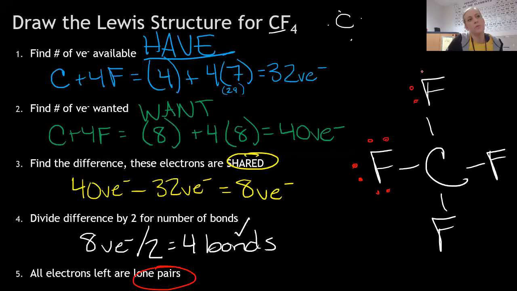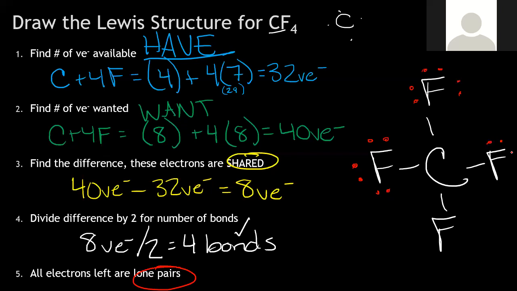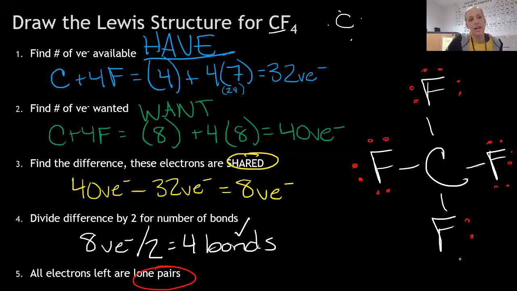How did you know it was 3 pairs on each fluorine? To make 8 valence electrons because the line is 2. Yep. So this line already accounted for the first 2. We only need 6 more. Okay. And we put the dots along the outsides of the box, right? That imaginary box that's around each atom. Beautiful. All right. So I'm done, right? Yeah. Totally done. Super done. Eva, am I done?